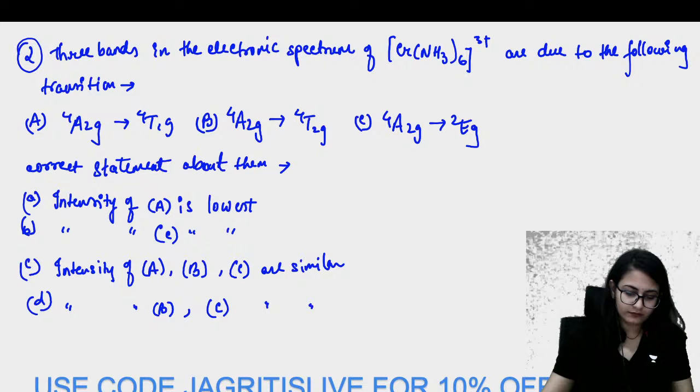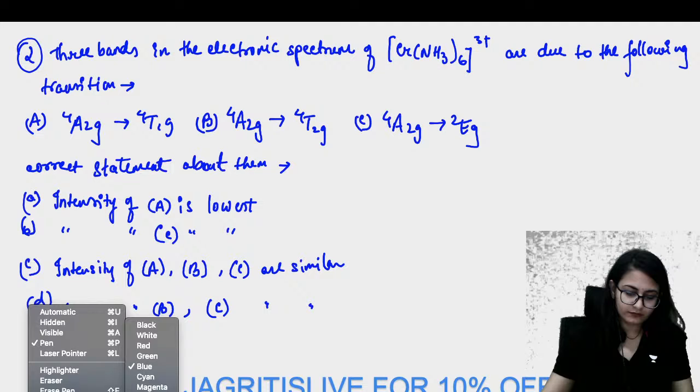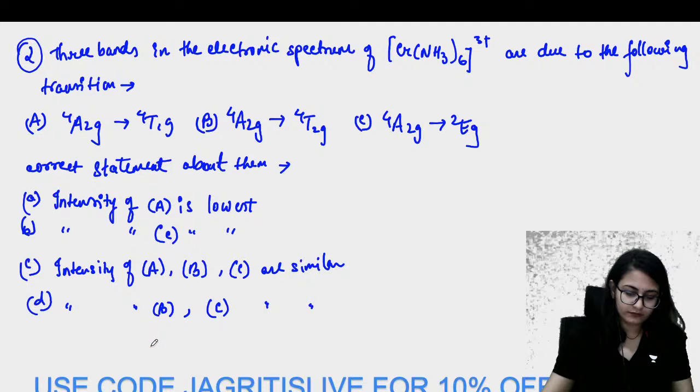Okay, all right. So let's say we are talking about which transition is allowed and which is forbidden, isn't it? So intensity of the allowed transitions: the allowed transitions are going to have the highest intensity, isn't it?